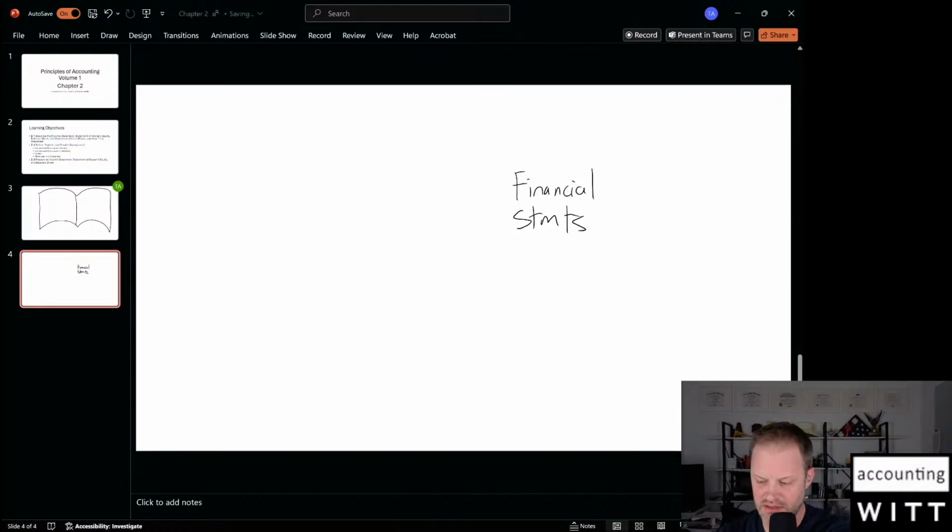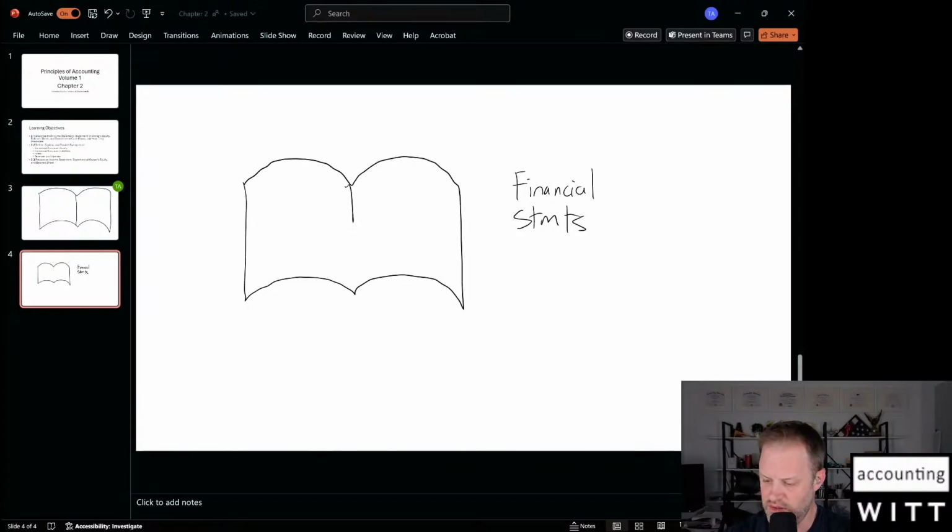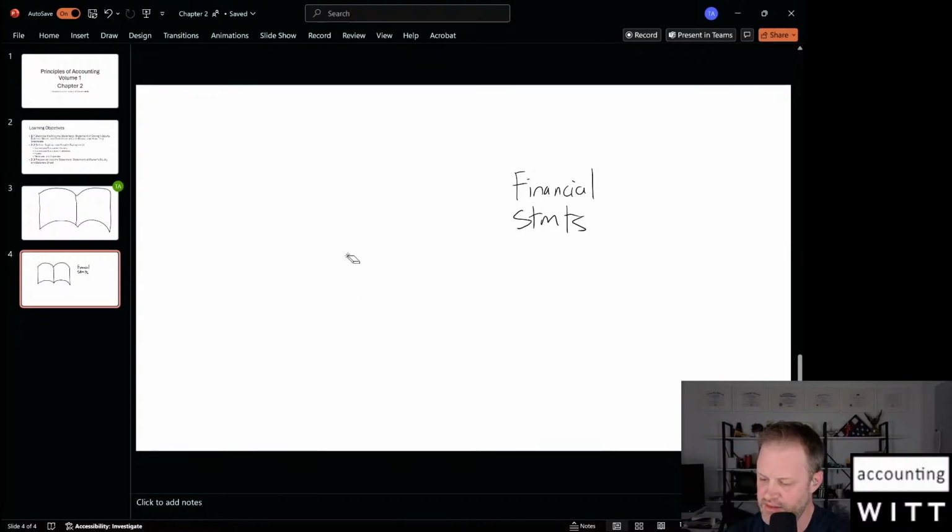Financial statements are an output from, let's say, the book. So up till now, I've kind of condensed this explanation just into this book graphic. And maybe I still will. I don't know. So the financial statements are a thing.